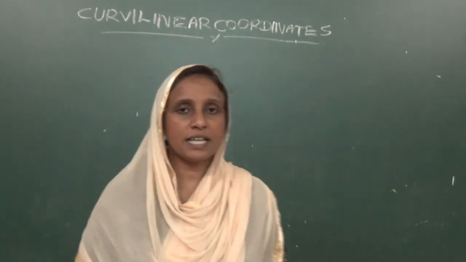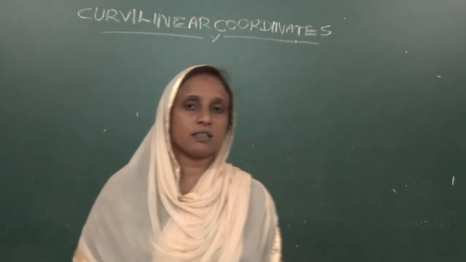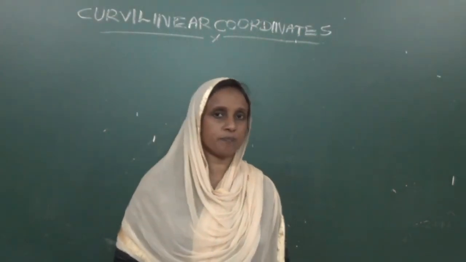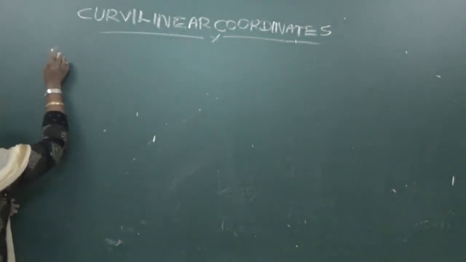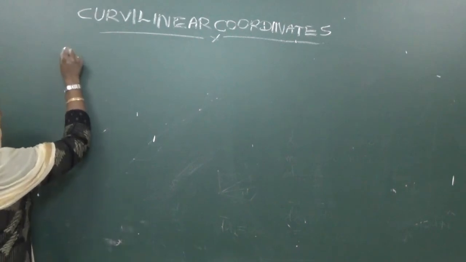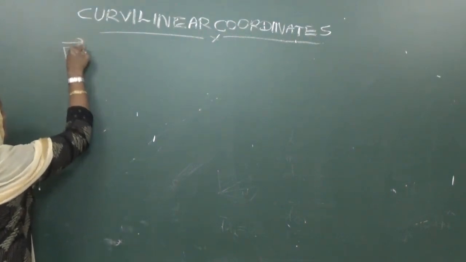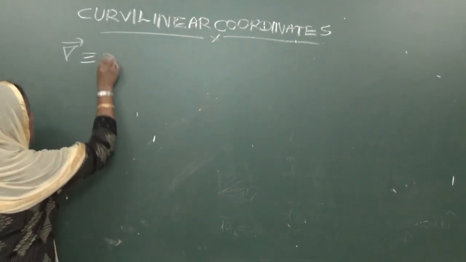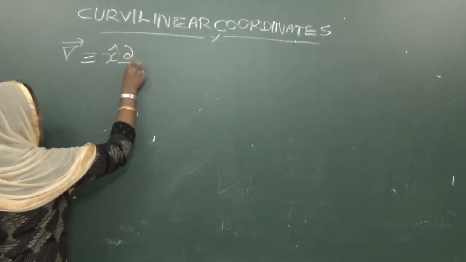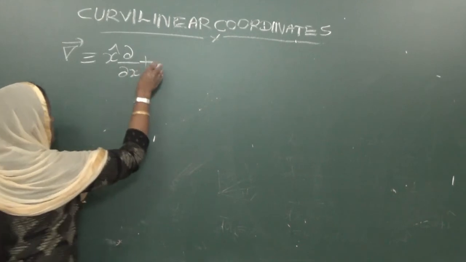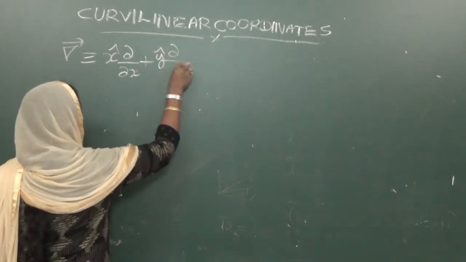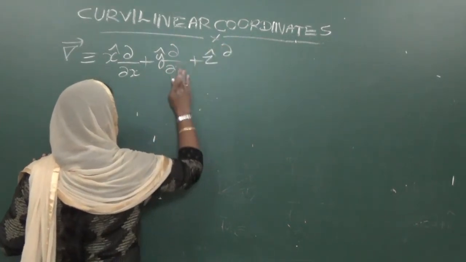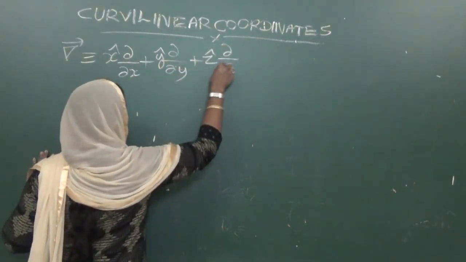Now we can express the gradient operator in spherical polar coordinate system. We already learned about the gradient operator in the Cartesian system. This is very familiar to us: x cap dou by dou x plus y cap dou by dou y plus z cap, sorry, here dou by dou z.